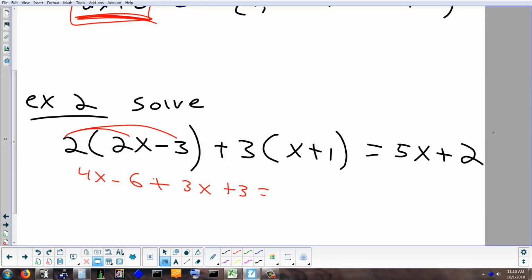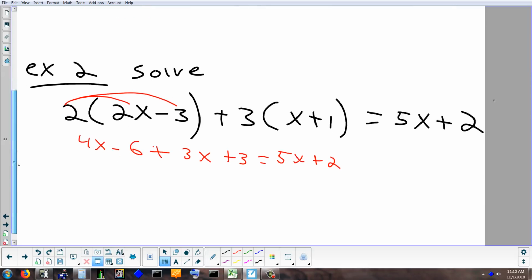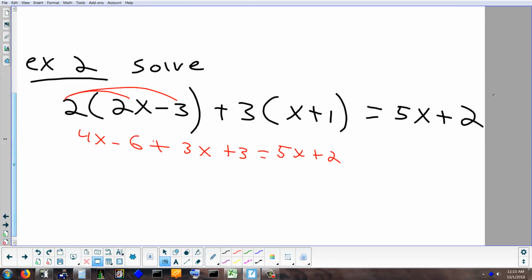And for now, we'll just leave the right-hand side. Isabel, what would be my next step? Combine like terms. Yep. And what would be your like terms on the left-hand side? 4x and 3x, and negative 6 and 3. Yep. 4x and 3x, that gives me 7x. And negative 6 plus positive 3 gives me a negative 3.